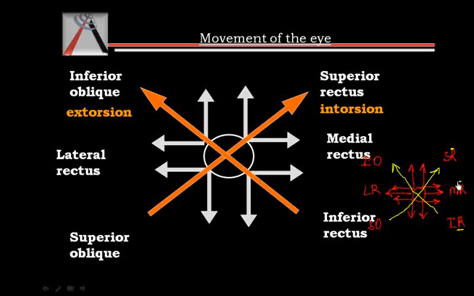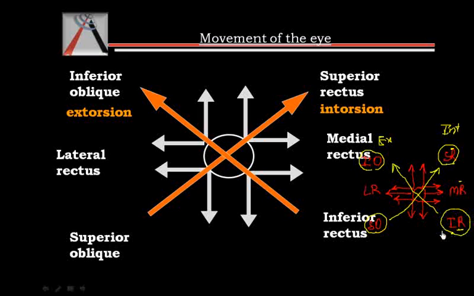Intorsion is towards the inner corner of the eye, that makes it towards this side of the medial rectus. So this side is intorsion and the other side is extorsion. So this arrow will make intorsion, that is caused by the superior rectus and the superior oblique, while this arrow is extorsion caused by inferior oblique and inferior rectus.